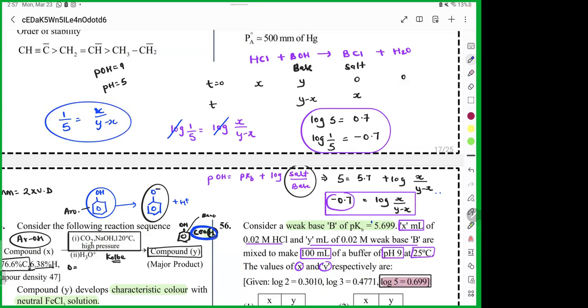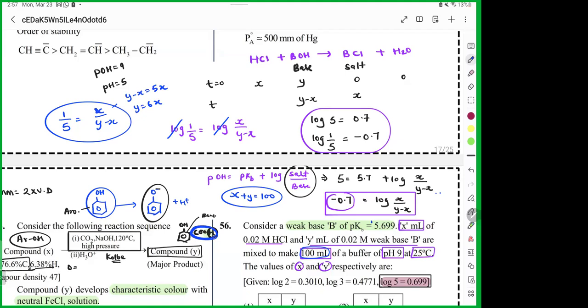And second, we said the total amount of both is 100 ml. It means X plus Y, the total amount, is 100 ml. So we have two equations, correct? From this equation, Y minus X is equal to 5X, so Y will be equal to 6X.